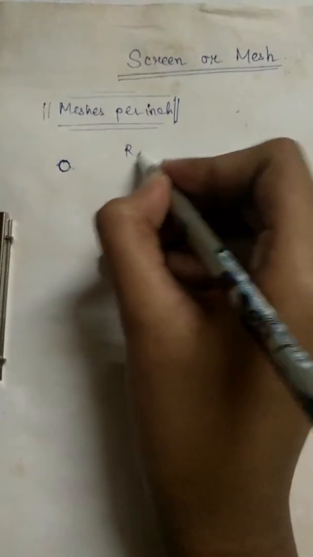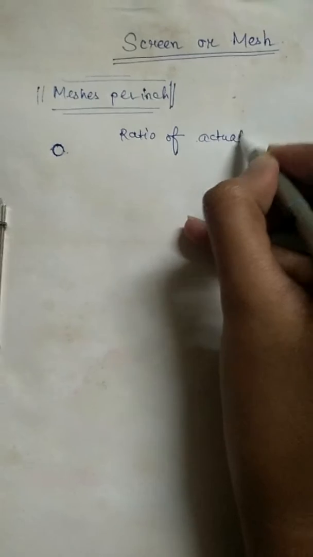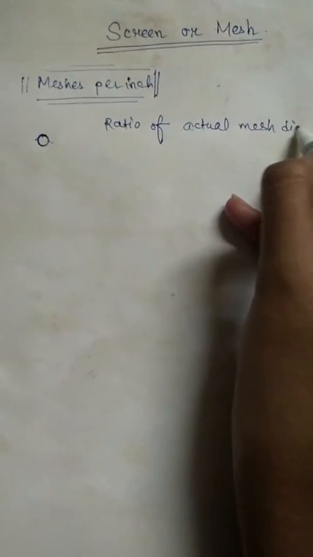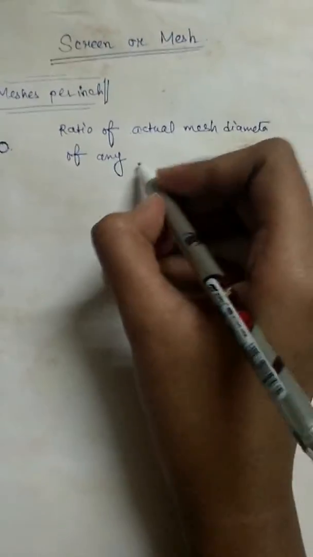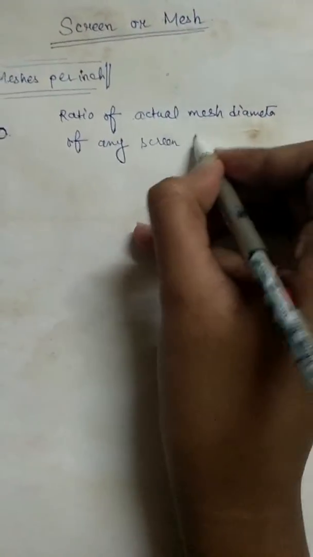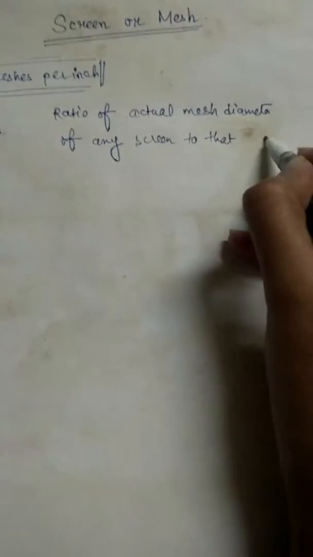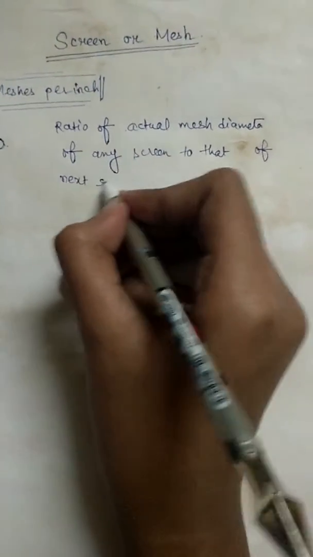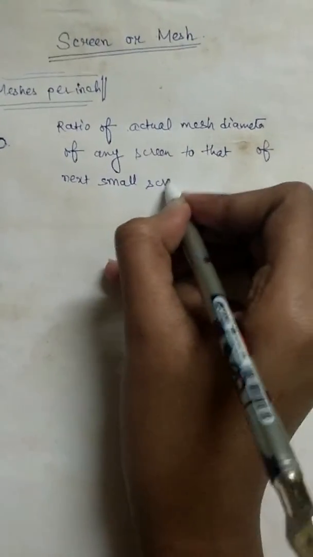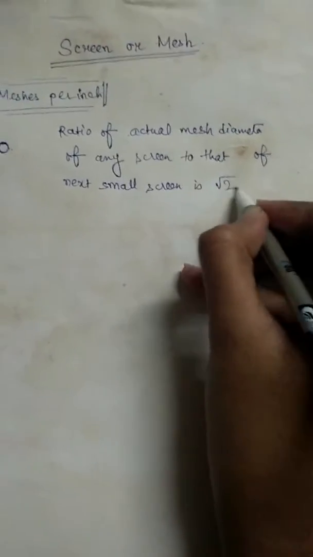So this ratio of actual mesh diameter of any screen to that of the next smaller screen is given by root 2. So this is the standard of measurement usually.